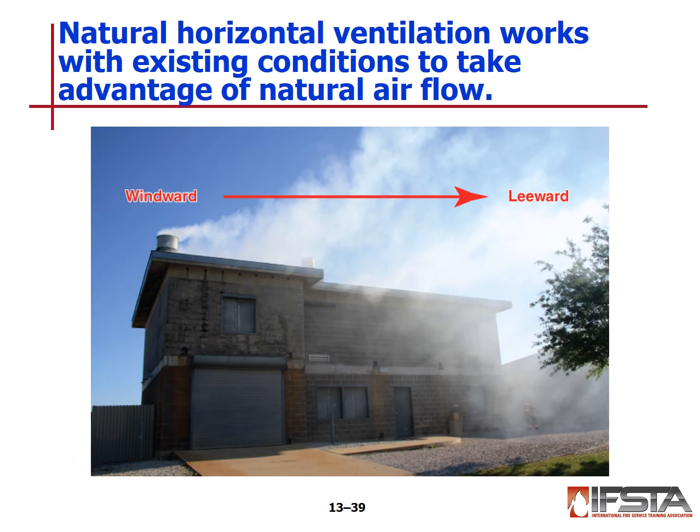Here we're talking about the windward-leeward side, using conditions to take advantage of the natural airflow. You can tell by the smoke, and that's one of your key factors as to which way the wind's blowing. We know based on this structure, if the fire was on the second story, it doesn't look like it has much of an attic or a cockloft area. Second story fire, we're going to open up an opening on the leeward side.